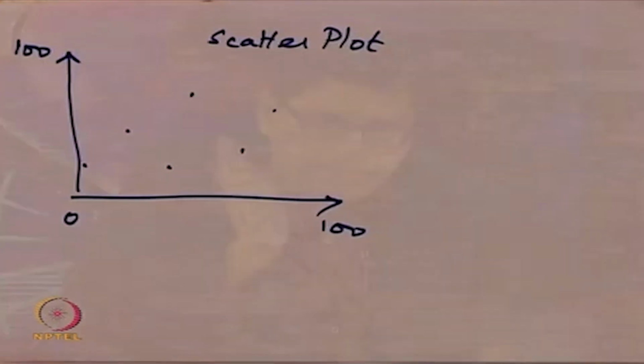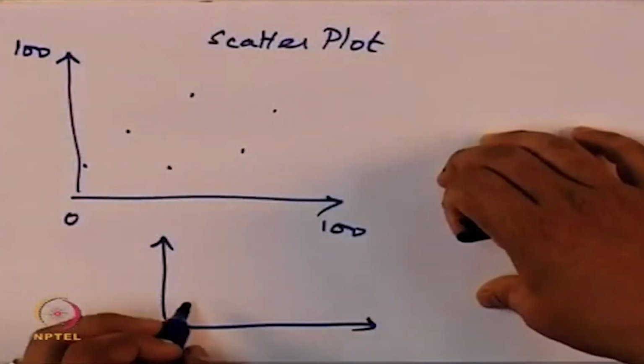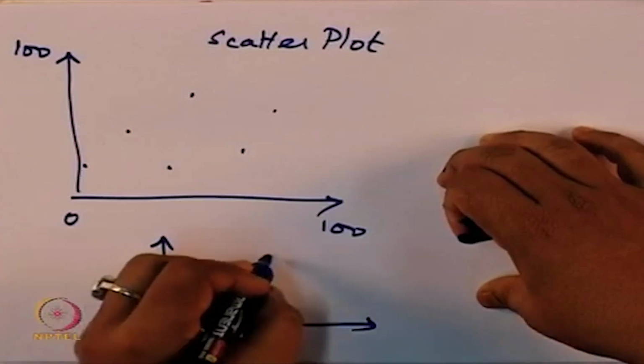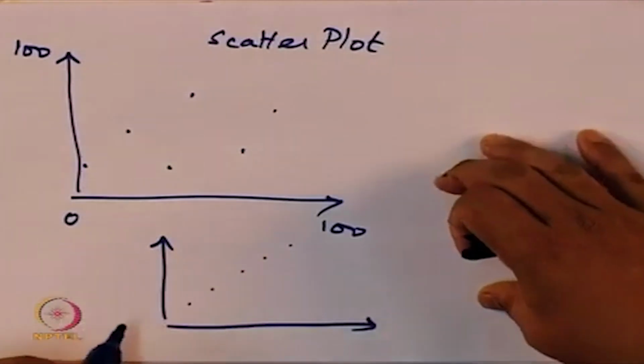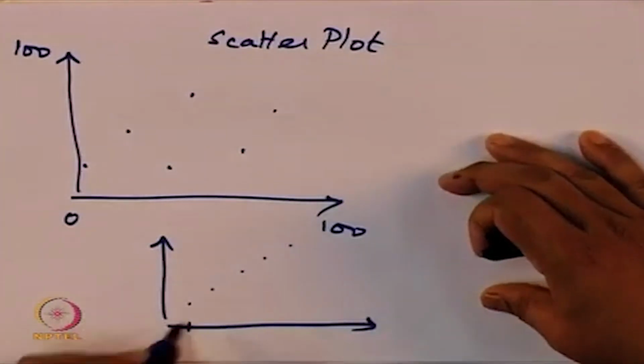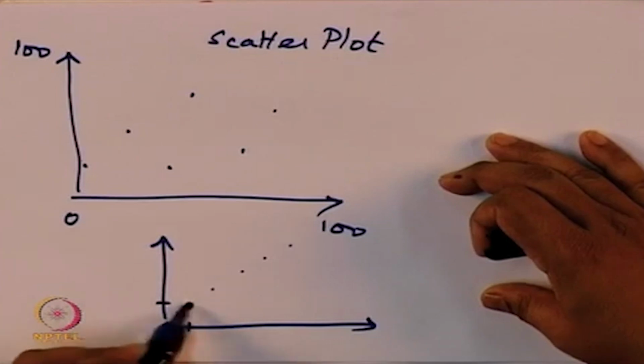Let us take one simple case where you have sorted this data and plotted it such that the student with the lowest score in exam 1 also scores the lowest score in exam 2.